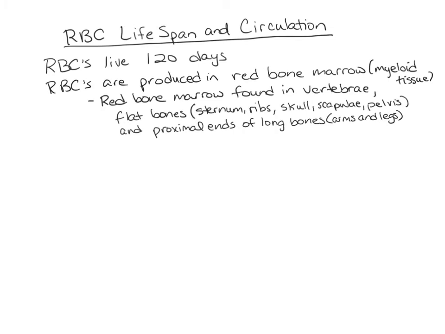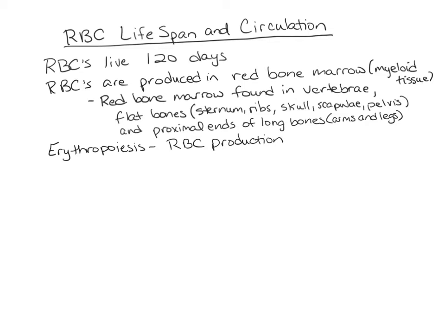This red bone marrow is found in irregular bones like the vertebrae, or flat bones like the sternum, the ribs, the skull, the scapula, the pelvis, and they're also found in the proximal ends of the limb bones. The process of making red blood cells is called erythropoiesis. So we're going to go through some of the stages of red blood cell maturation, and we'll begin at the stem cell.